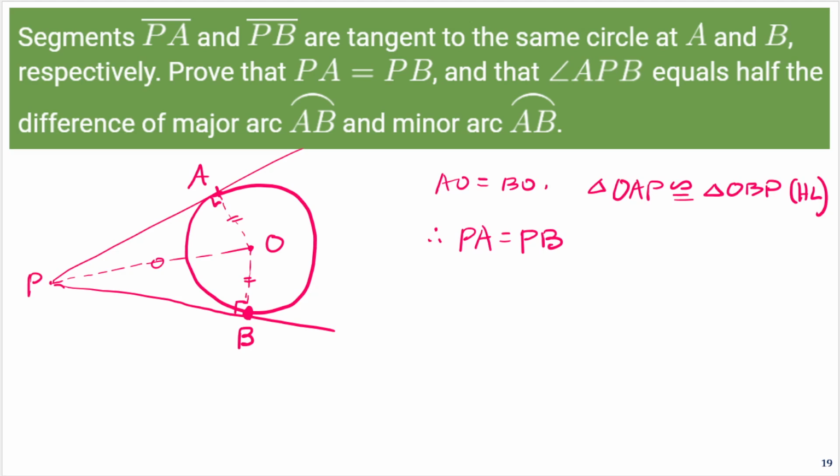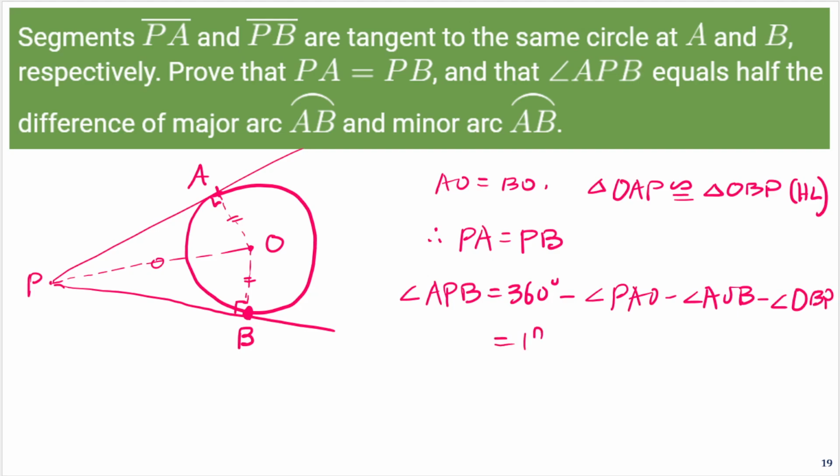And now we can find angle APB in a variety of ways. One of the methods is to use quadrilateral PAOB. To note that angle APB equals 360 degrees minus angle PAO minus angle AOB, both of them are 90 degrees, then minus angle OBP, right?